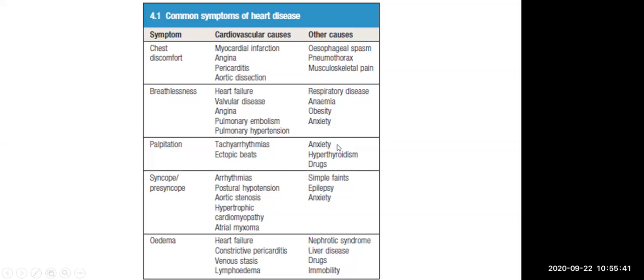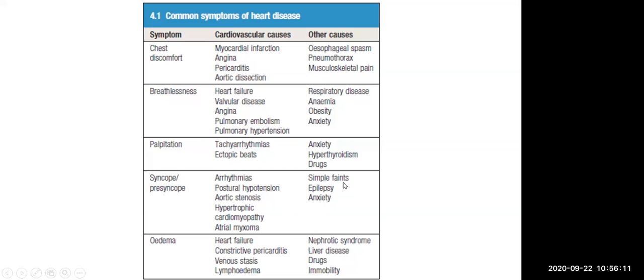Then it can also be caused by anxiety, hyperthyroidism, and also by using drugs. Syncope or pre-syncope can be caused by arrhythmias, postural hypotension, aortic stenosis, hypertrophic cardiomyopathy, atrial myxoma, and other causes.